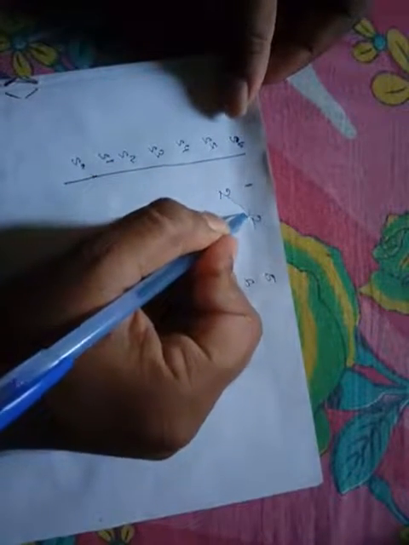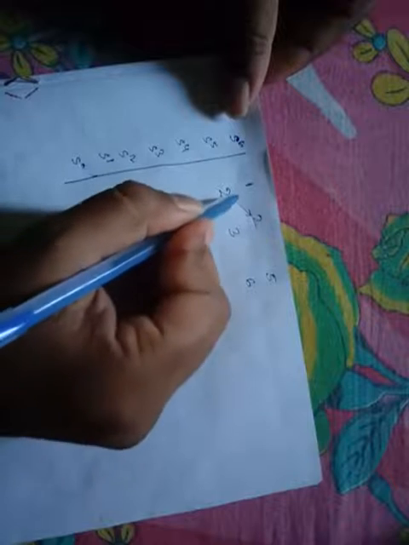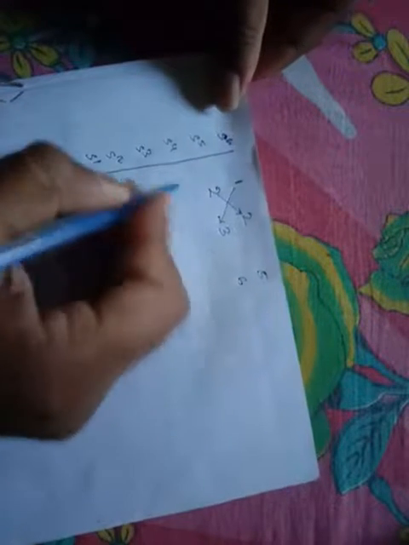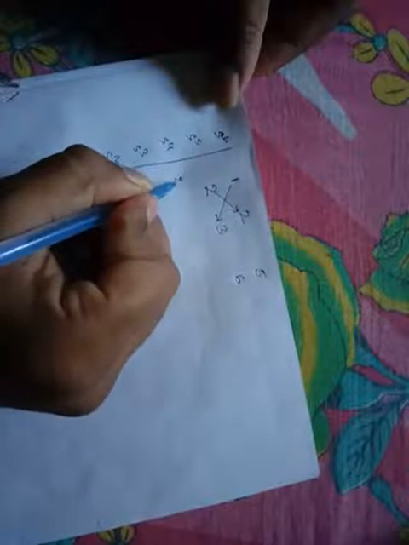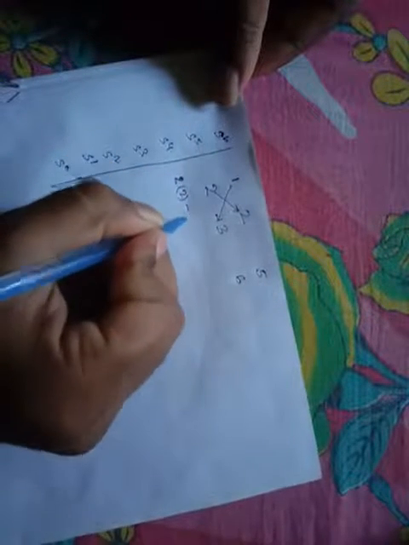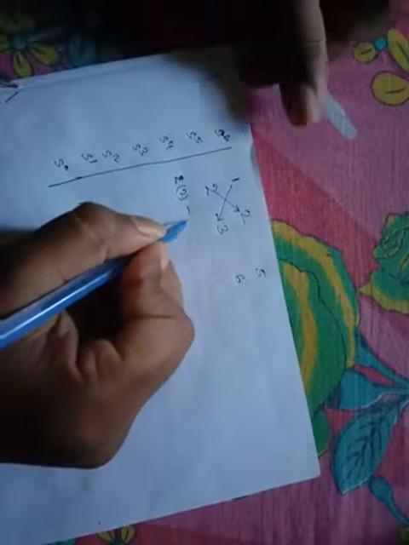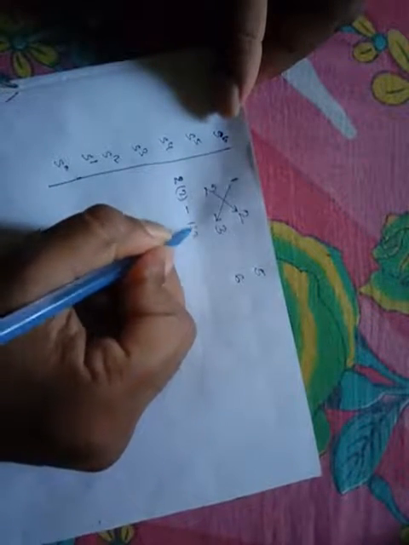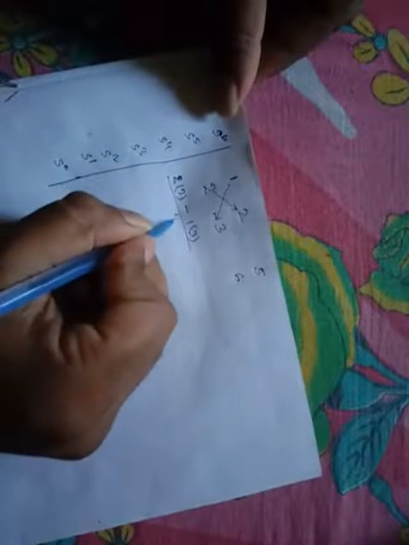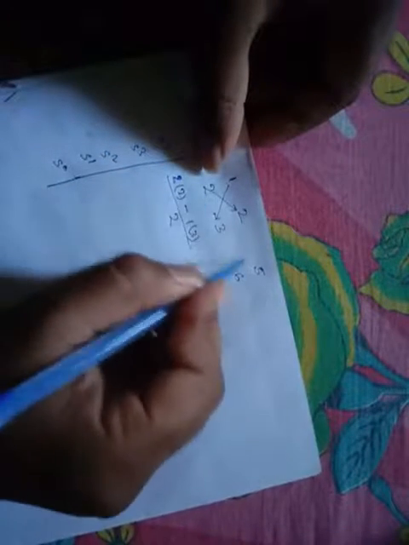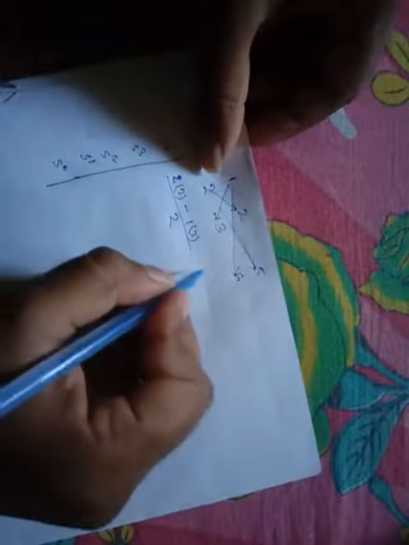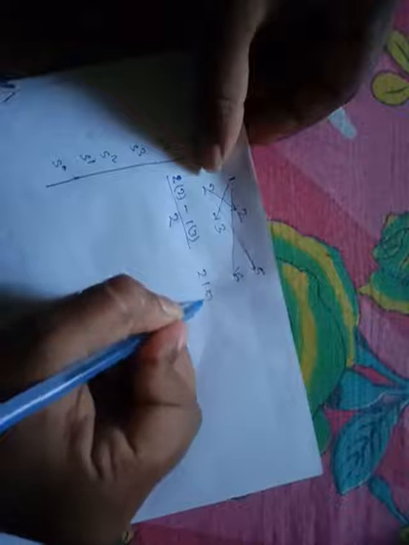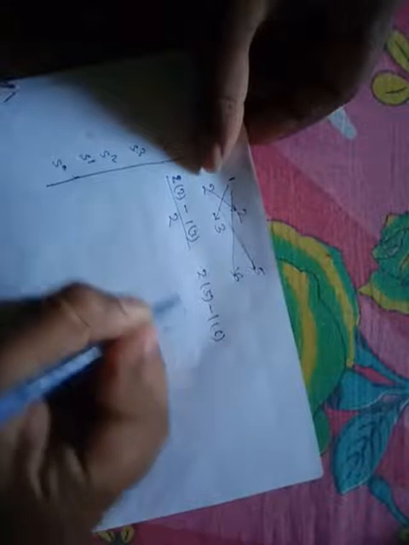2 multiplied with 2, minus 1 multiplied with 3, divided by 2. Same procedure here: 2 times 5 minus 1 times 6, divided by 2.